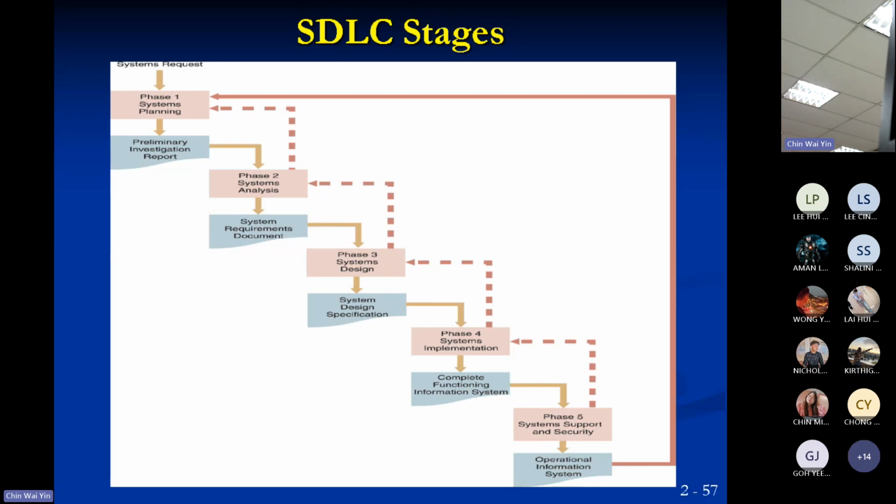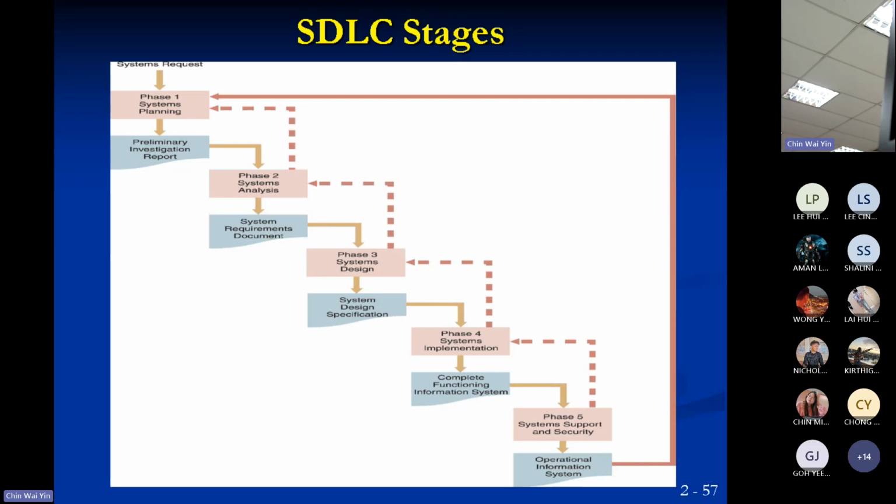All right. So I'm going to discuss based on these phases. The first phase is systems planning. If you look at the solid orange line, it shows phase 1, which is systems planning.